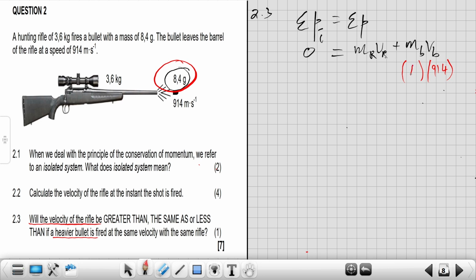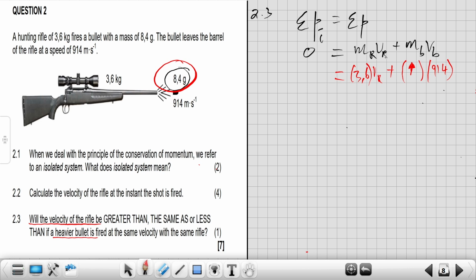But now this is bigger, so I am going to get a bigger answer here. Then transposing and solving for VR, the mass here will still be 3,6 VR plus the bullet term.